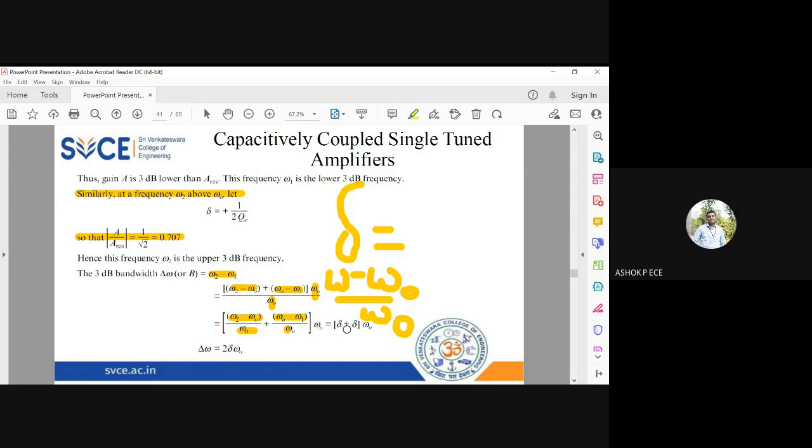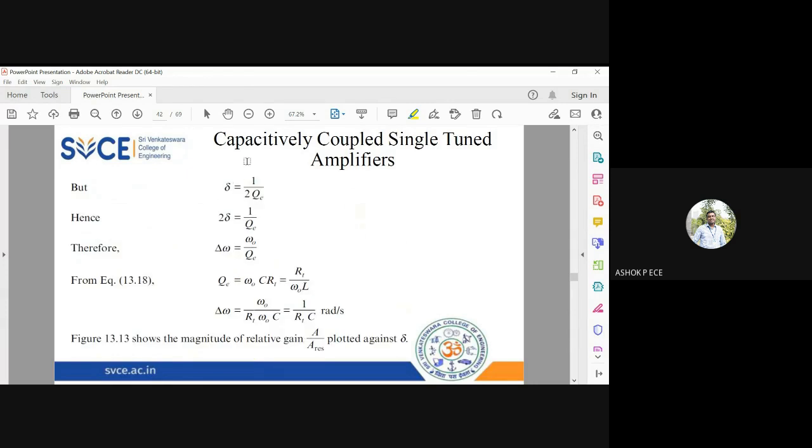So delta plus delta into omega naught, or it is 2 delta into omega naught. So the bandwidth is going to be 2 delta into omega naught. Omega naught is the resonant frequency of your tuned circuit. And we know delta is equal to 1 by 2 QE. So 2 delta will be 1 by QE.